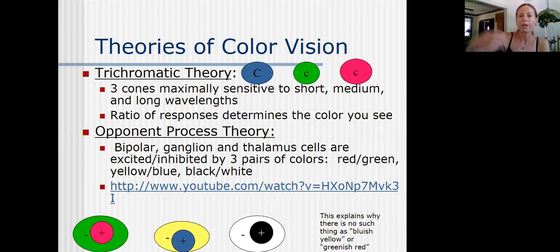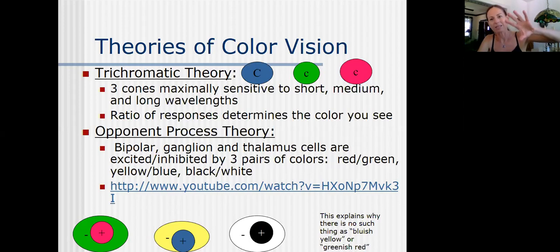When red wavelengths come in, which are the longer wavelengths, the cell will become excited, but when a shorter wavelength of green comes in, the cell will become inhibited. Likewise, we have other cells that respond to yellow and blue, and other cells that respond to black and white. And the idea there is that we see color also through opponent process.